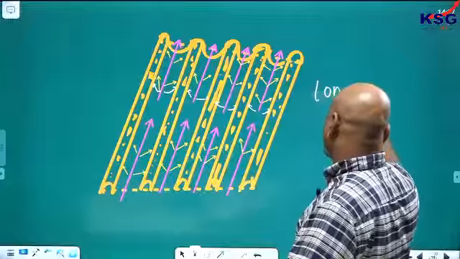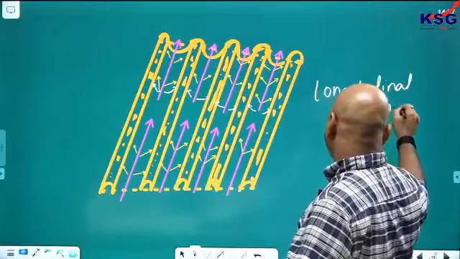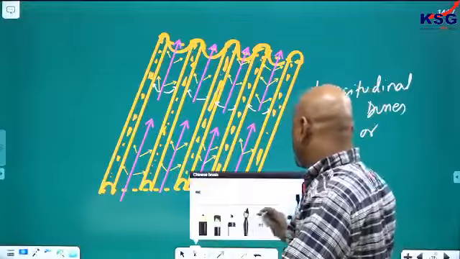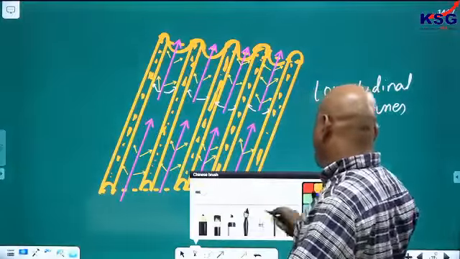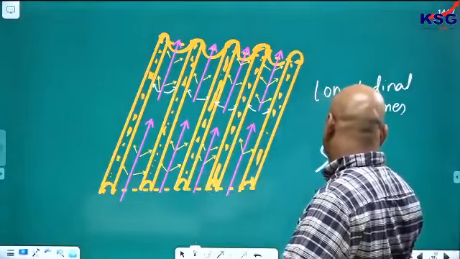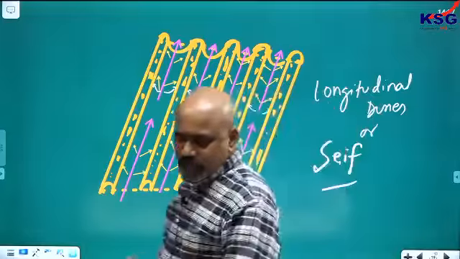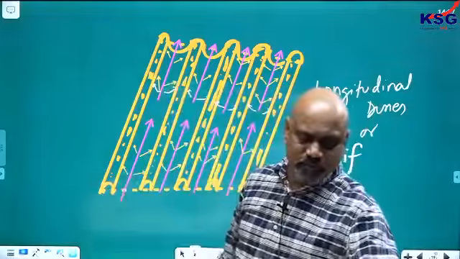These are longitudinal dunes or sheaf. Longitudinal dunes are sheaf.